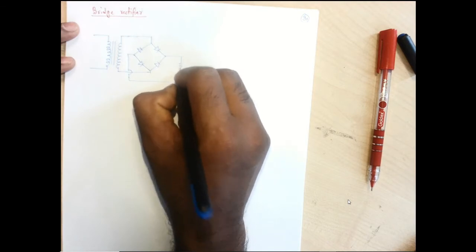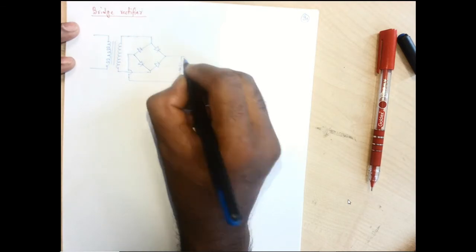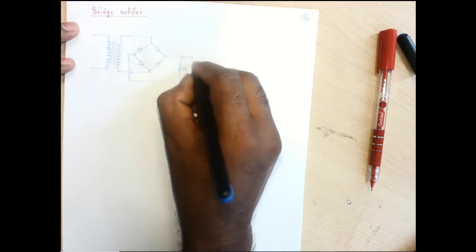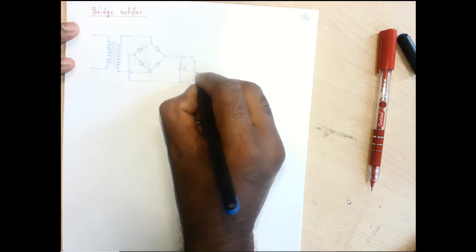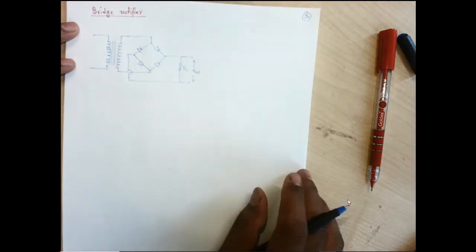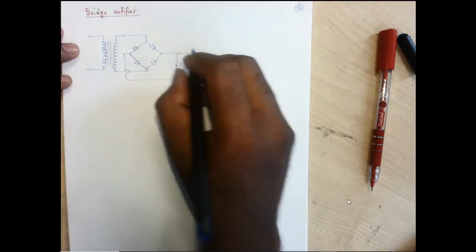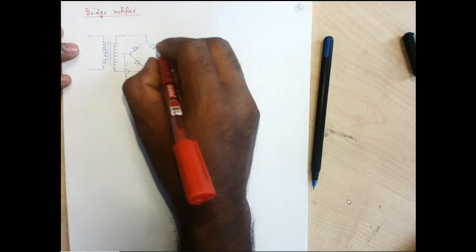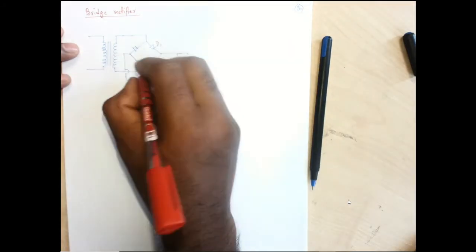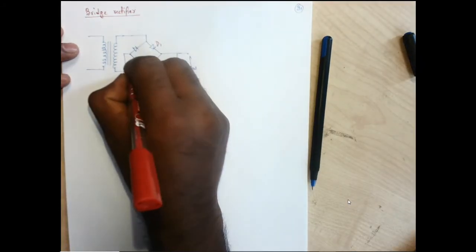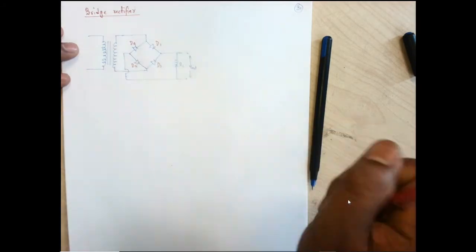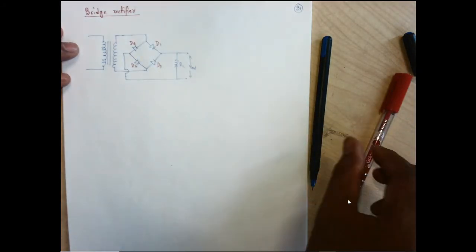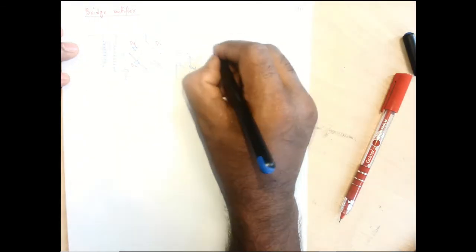This is the load which is connected, and from this load we will take out the output. So for our understanding, let us put the names for these diodes. This is D1, D2, D3, D4.